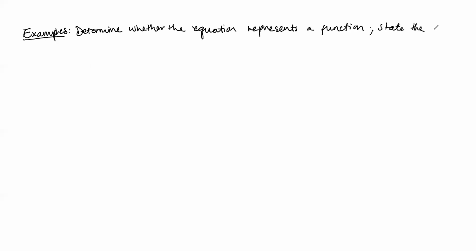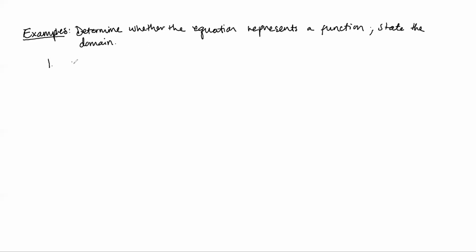So when you're looking at an equation, it's not too bad to figure out what the domain is. Range is a little bit harder. So we're just going to focus on the domain. And all of the ones that you're going to see in your homework will represent a function. So I'll tell you that ahead of time, but I do want to show you kind of why that is.